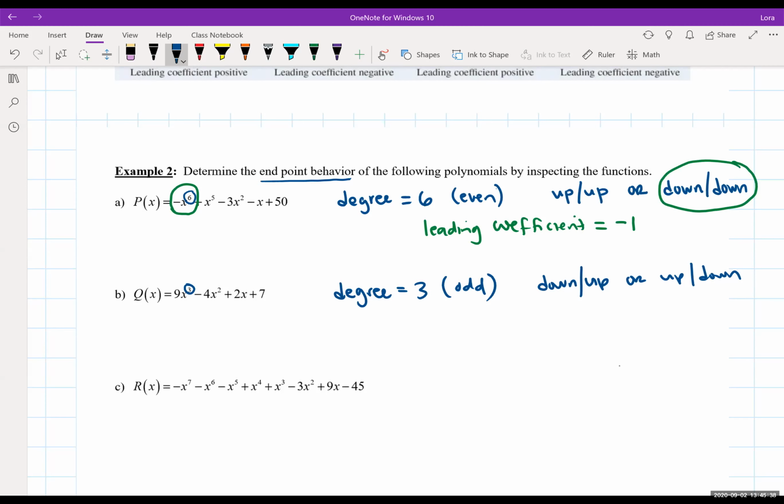Before I make my final decision, I'm going to take a look at my leading coefficient. In this case, my leading coefficient is 9, and that's a positive number. So that is going to indicate that my end behavior will be down then up.